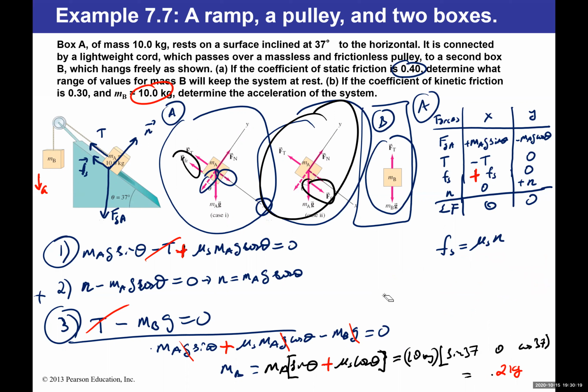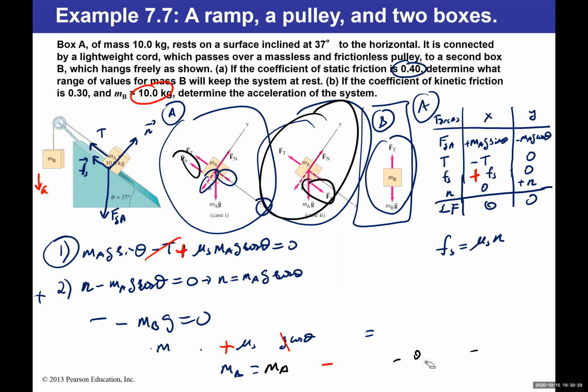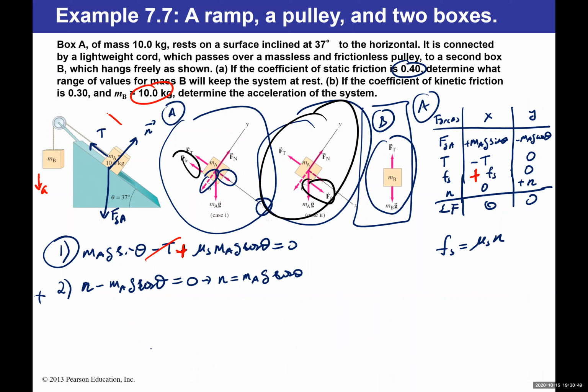So am I looking at case 1 or case 2 in this case? Try to think about it for a minute, right? Well, technically I am looking at case 2 because I have the system now accelerating, where B is going down and A is accelerating up, so the friction will be, but this time kinetic, in the opposite direction.